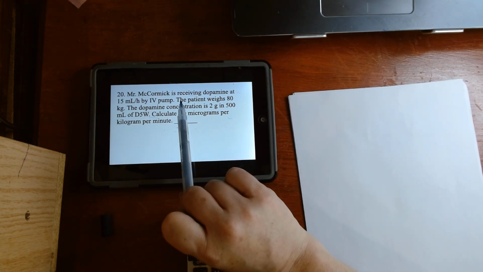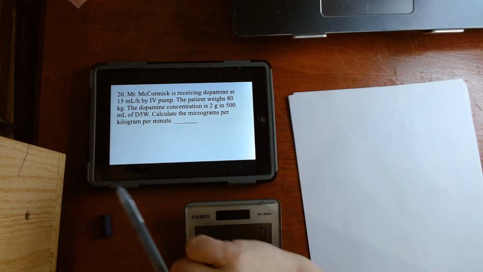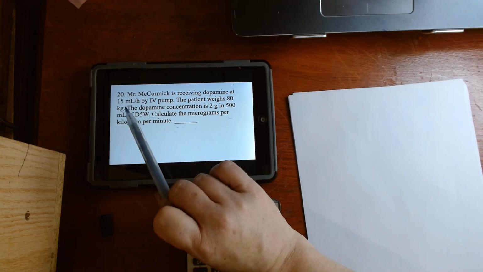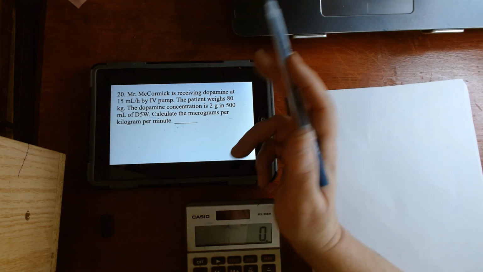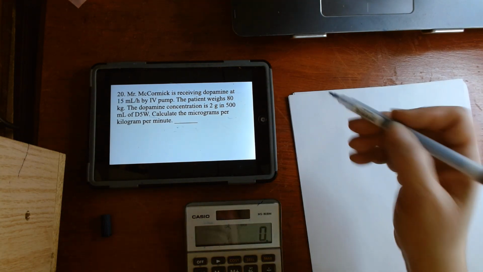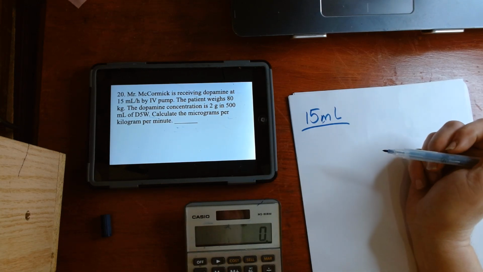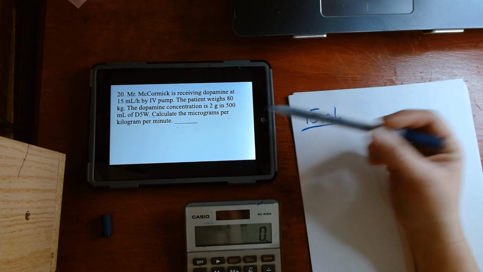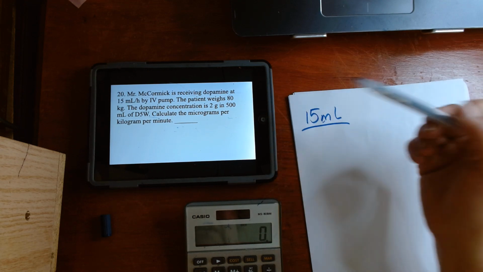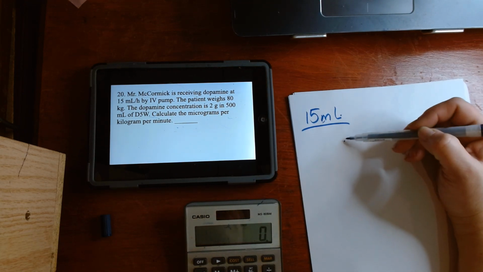Now, he's receiving dopamine at 15 milliliters an hour. I didn't want it going at 15. That's what the doctor wanted. He wants it going at 15 milliliters an hour. What do I have in my hand? It has to have the same last name as this.